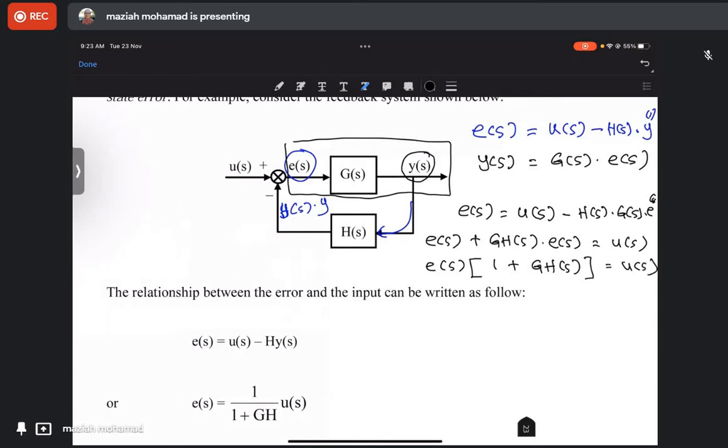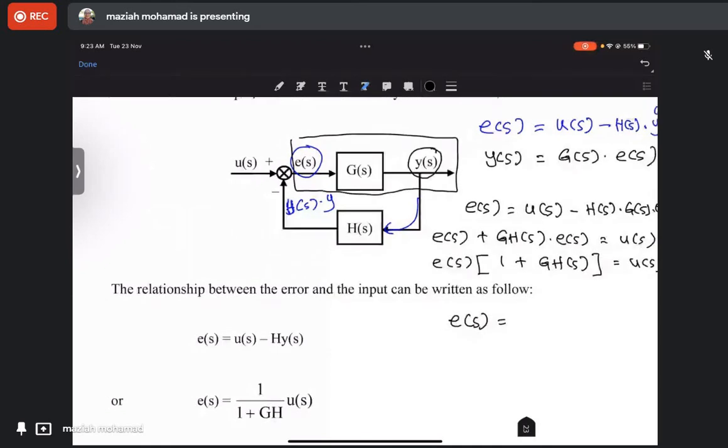The output is error E(s), the input is U(s), so the transfer function is E(s) equal to 1 over 1 plus GH(s) multiplied with U(s).